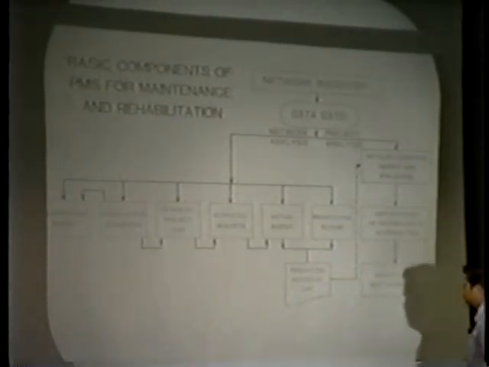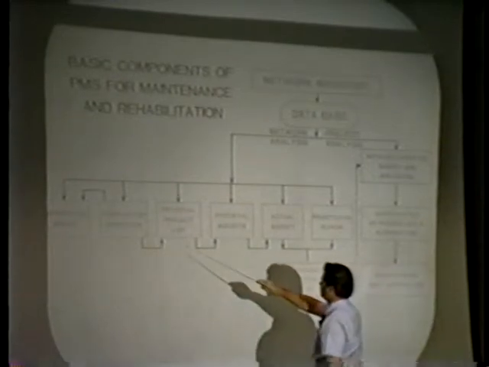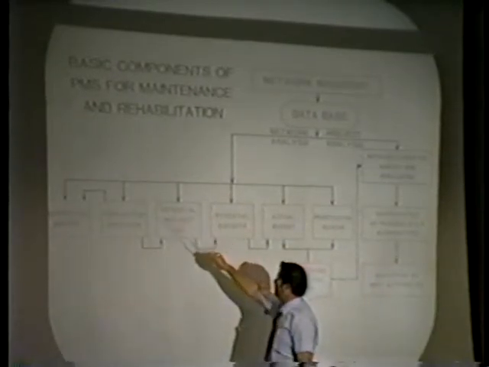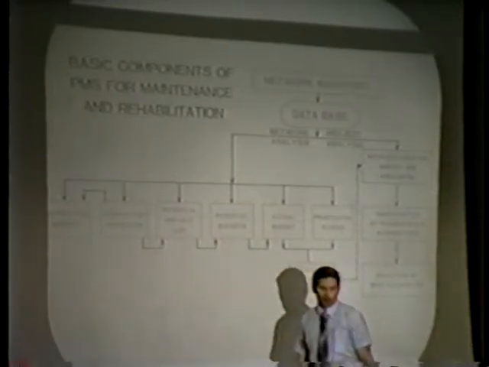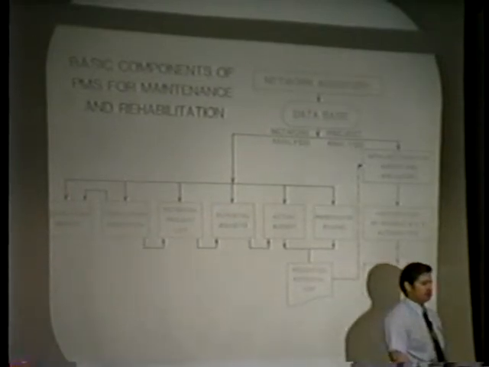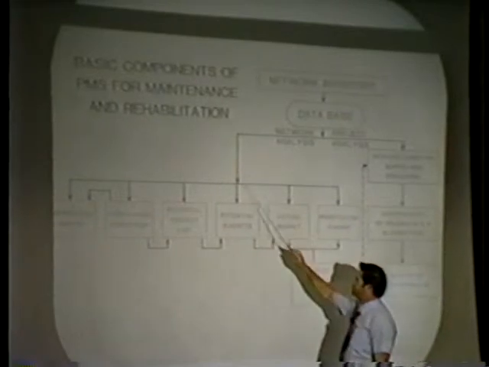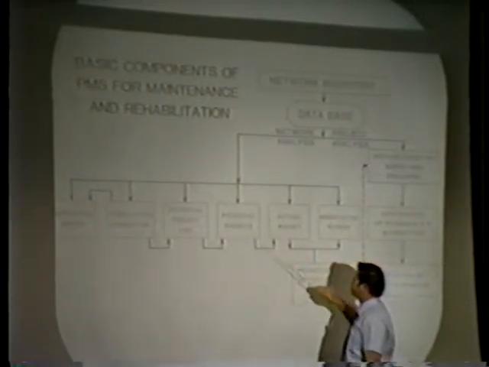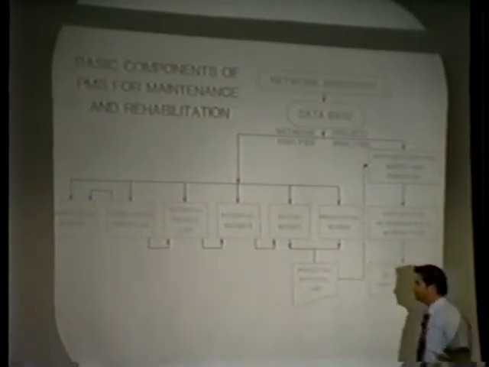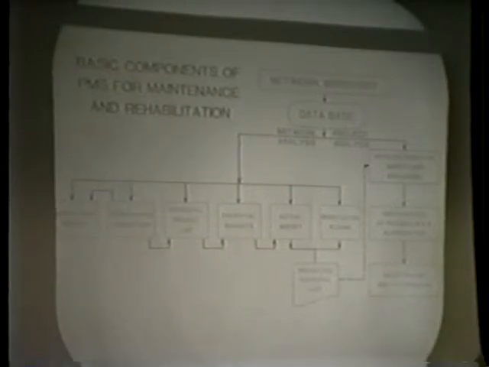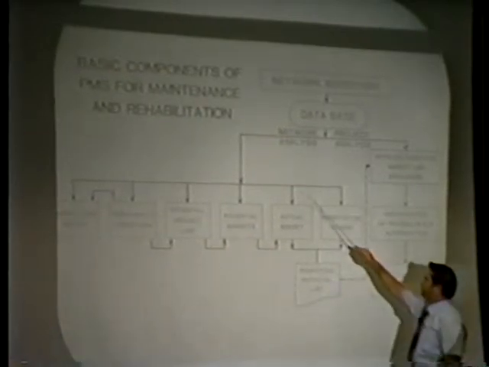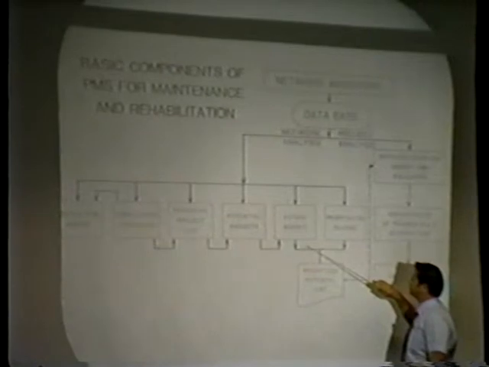So we have to be able to project the condition in the future. We use that information to come up with a potential project list, sections of pavement that need work on them. We use that information to identify potential budgets. And once that budget is developed, we compare it to the actual available money or the actual budgets.